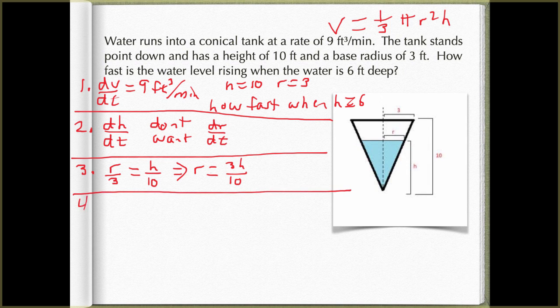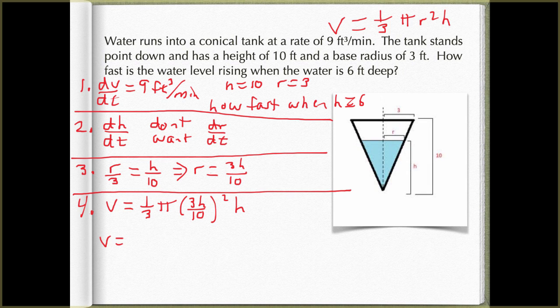So the 4th step, we are now going to differentiate our function. First, we're going to plug in r as 3h over 10. So now we have volume is 1/3 pi, our r is now 3h over 10 squared, and then times h. We're going to simplify this down.